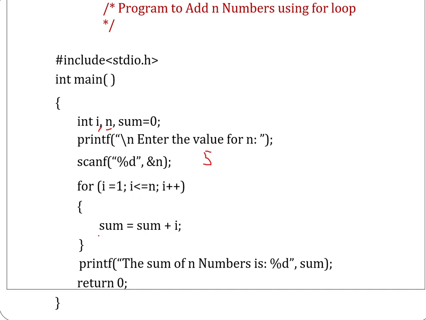So it will go inside the loop, and it will do the sum. Here sum value will be initially 0, so sum plus i, which is 0 plus 1. So it will continue till i is equal to 5. So it will stop when i value becomes 6. Okay, so this is the structure of for loop.